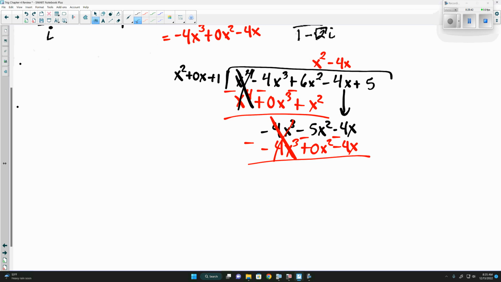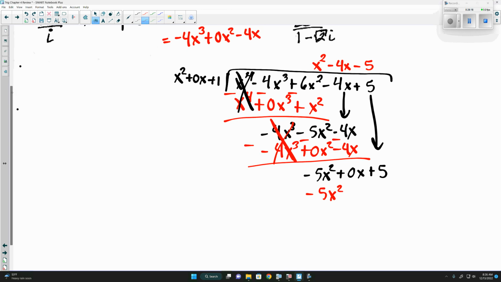Negative 5x squared minus 0x squared is going to be negative 5x squared. Negative 4x minus 4x is plus 0x. And last but not least, we bring down the plus 5. What times x squared gives us negative 5x squared? Negative 5. And if we multiply, we'll get negative 5x squared.